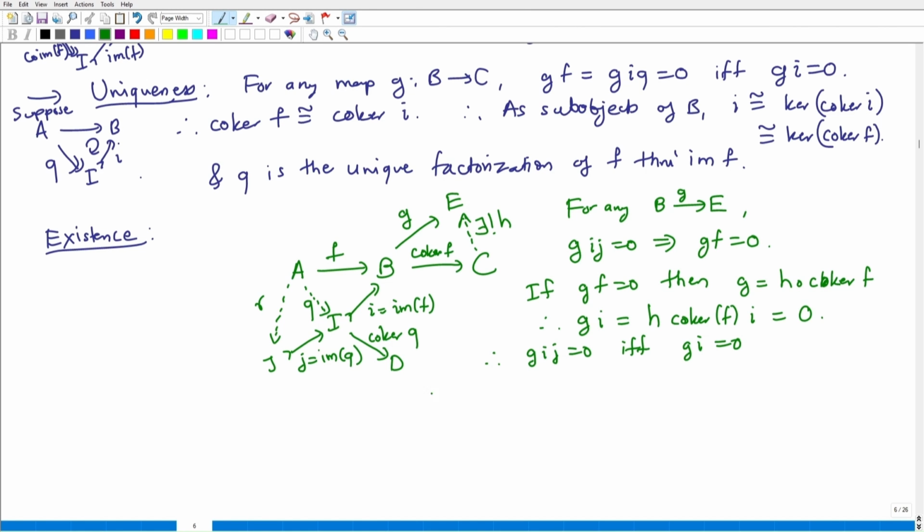So therefore, the co-kernel of I is isomorphic to the co-kernel of IJ, and therefore I is isomorphic to IJ as subobjects of B. We used every single piece of data in this diagram so far. So what can we conclude? J is an iso.